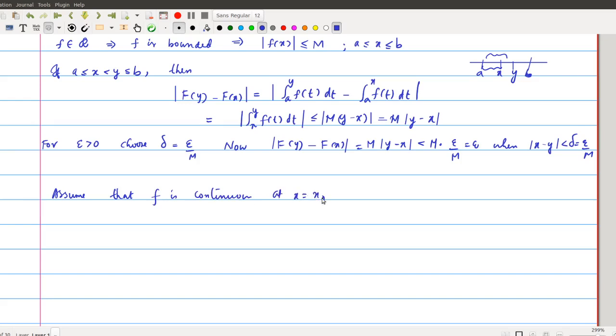This x naught is a point inside that closed interval [a, b], so we assume the continuity of small f at that point.